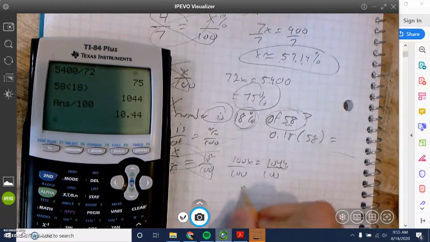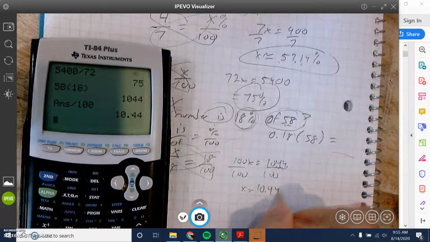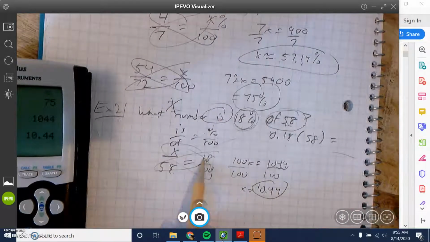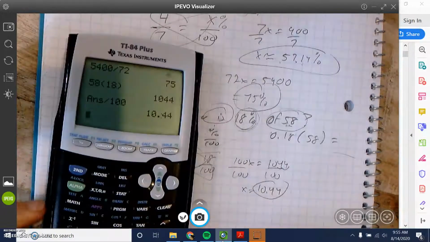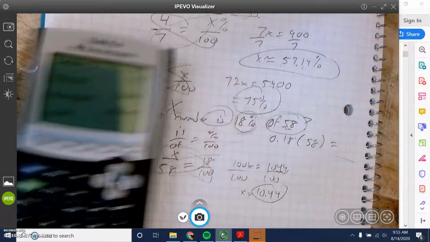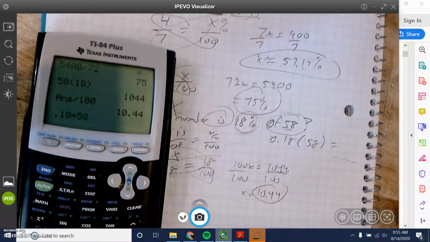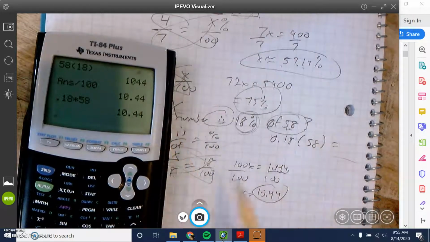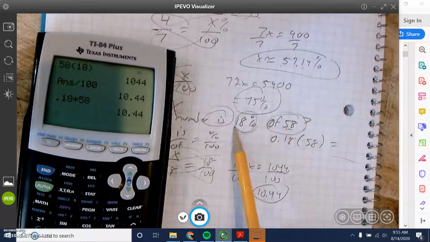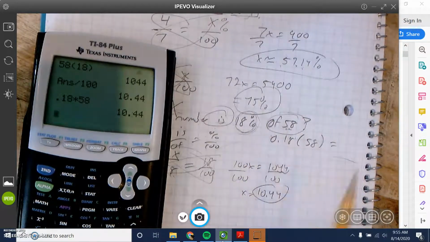So x is 10.44. That's not a percentage because that's a number. The percentage is 18, so I'm not going to put percent there. Of course, if I did 0.18 times 58, I'd get the same thing right there. So I'm just showing you that Mr. Isof works for everything, and the other strategies we learned before work on these particular problems.